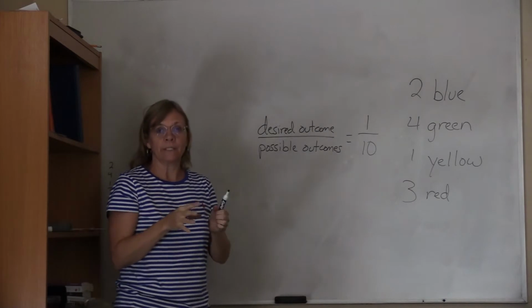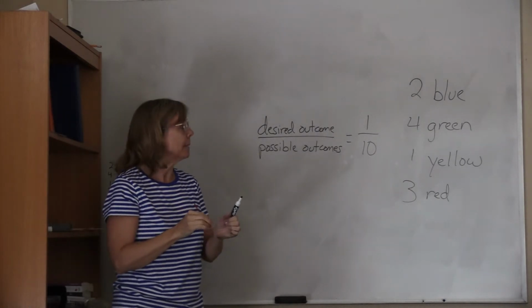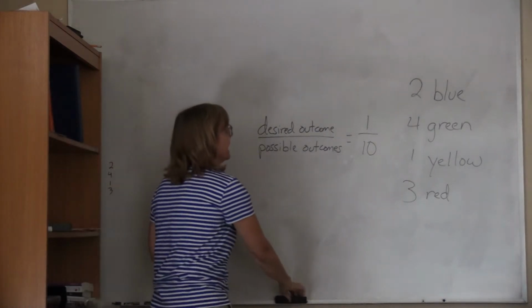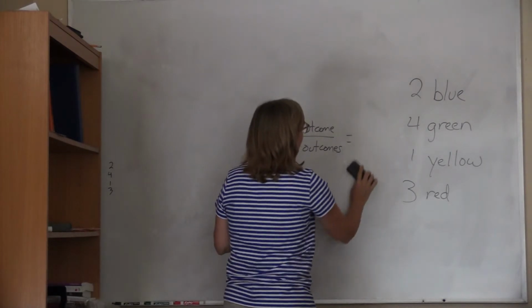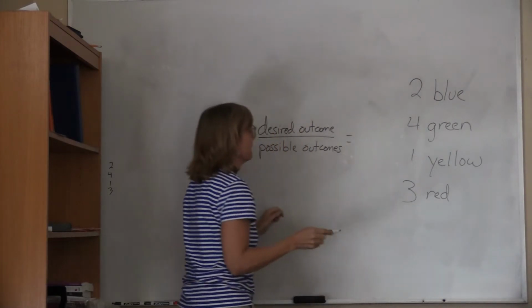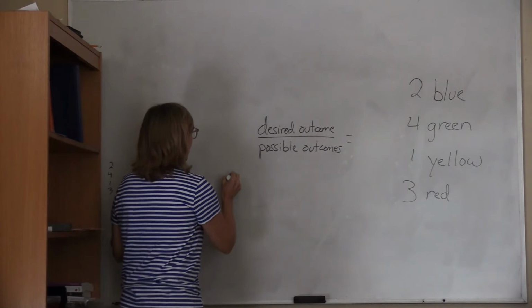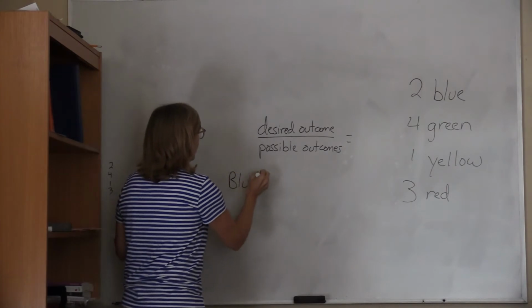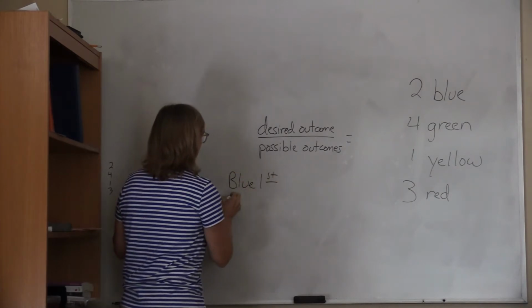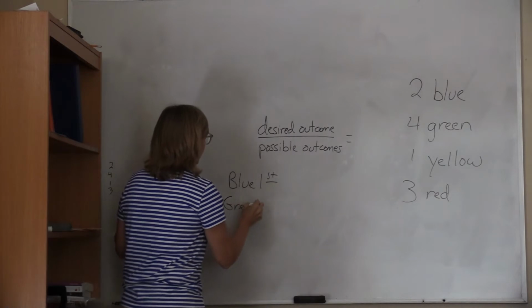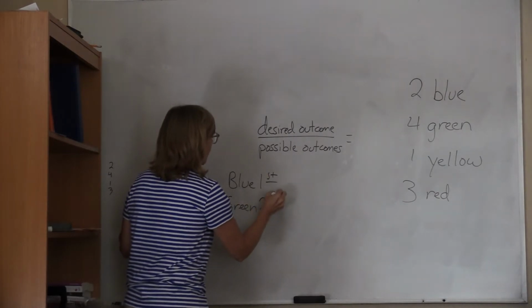Now here's what happens sometimes when they give you a combination problem. They would say, what is the probability that you would draw blue first and green second with your second draw?